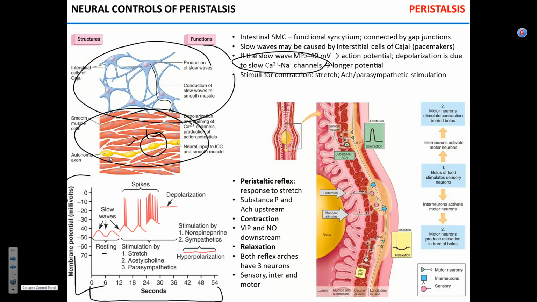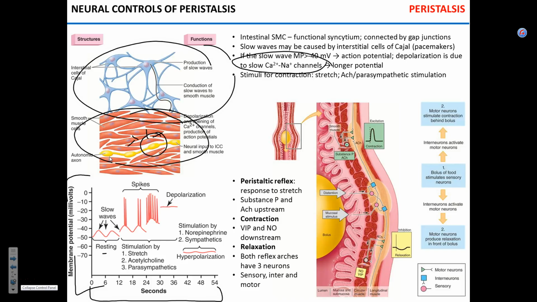The depolarization wave is slow, it develops slower, but it also goes away slower. So the contraction is slow, but it lasts longer. Does that make sense? Good. So stretch, stimulation, different sorts of vagal reflexes, the parasympathetic reflexes, or hormones can stimulate as well.